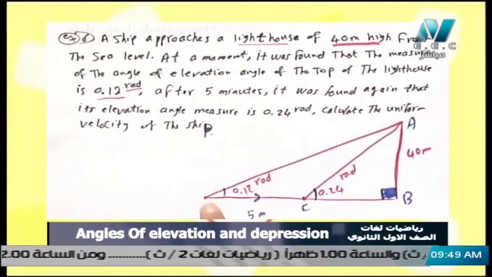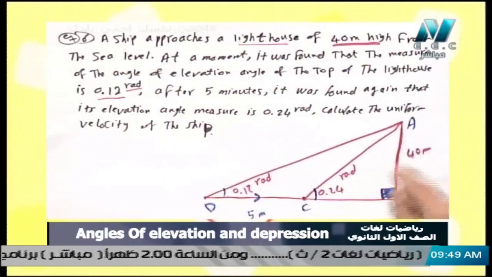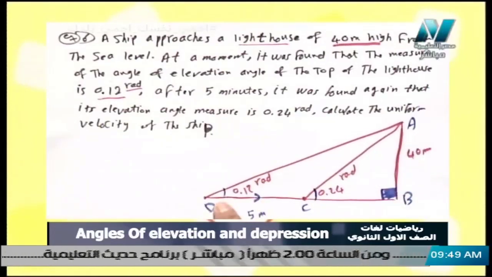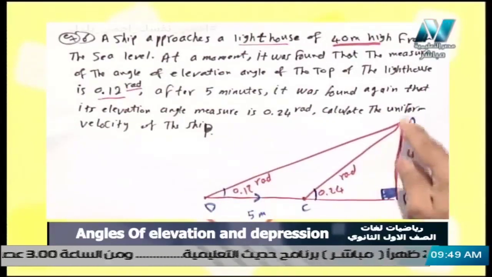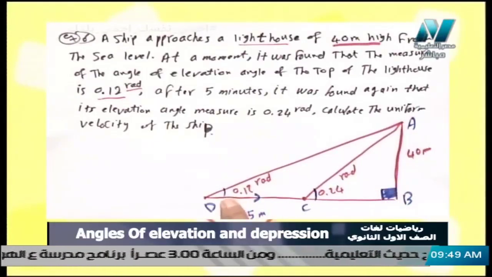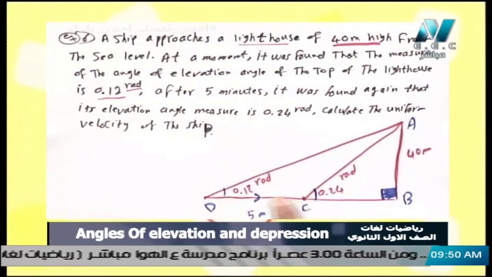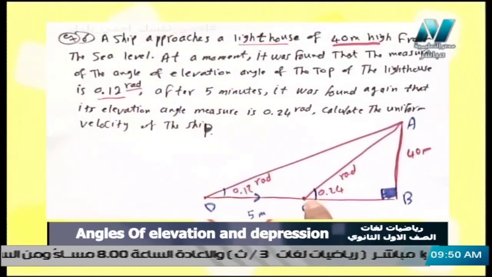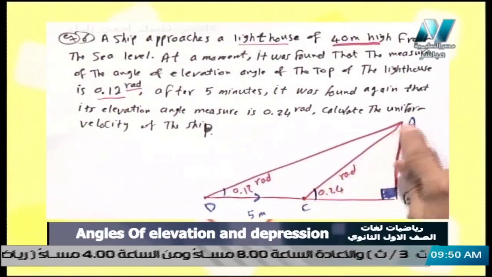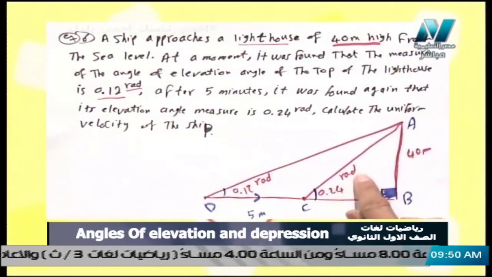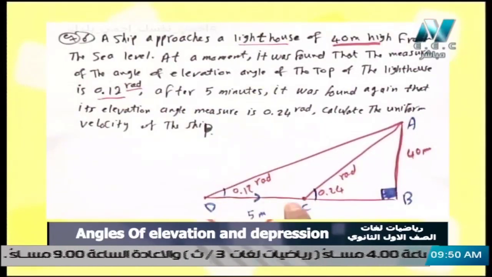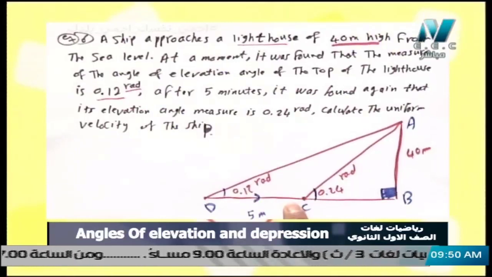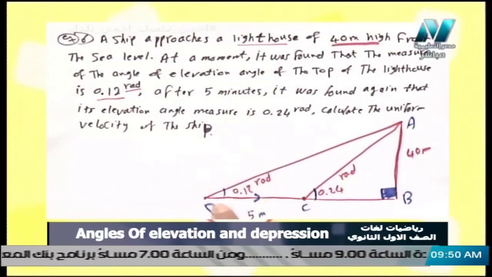We have here a ship, or its driver. Looking at the lighthouse, he found that its angle of elevation equals 0.12 rad. After 5 minutes, which is the time, at point C, the angle of elevation equals 0.24, and he wants to find the uniform velocity of the ship.